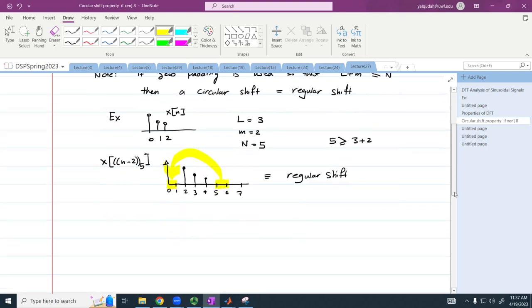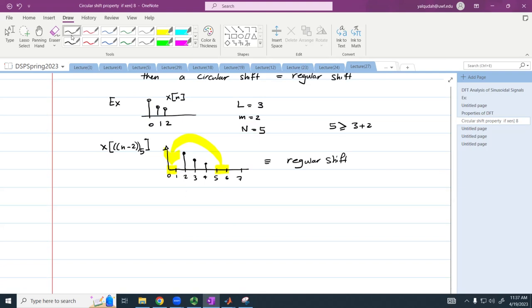The next property is the circular convolution property.